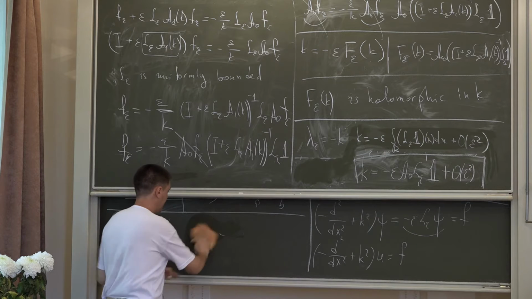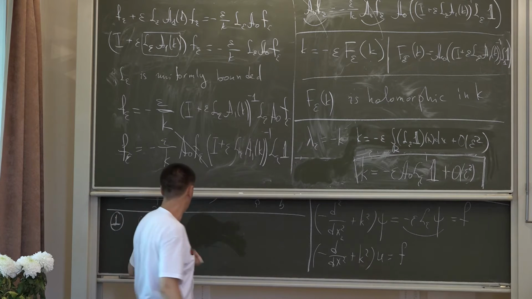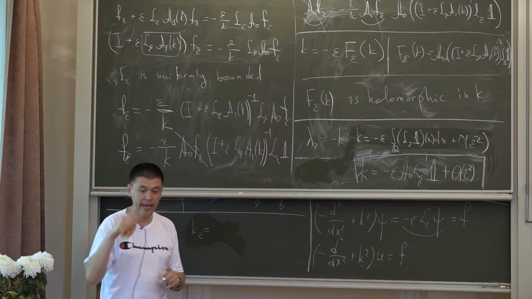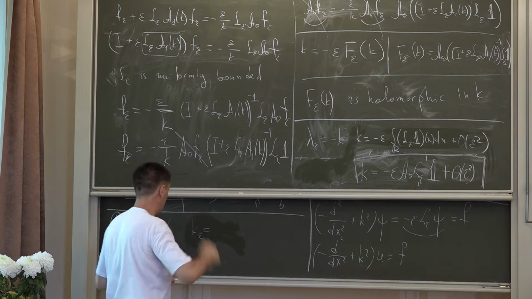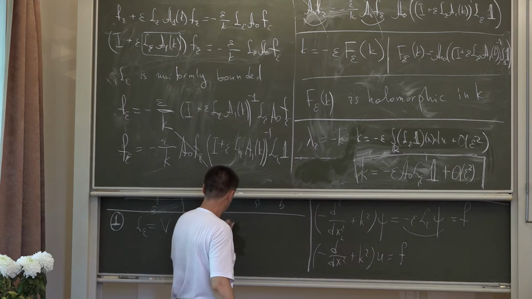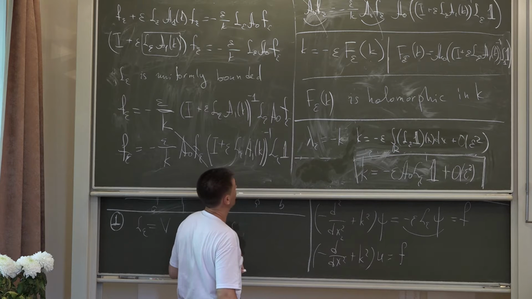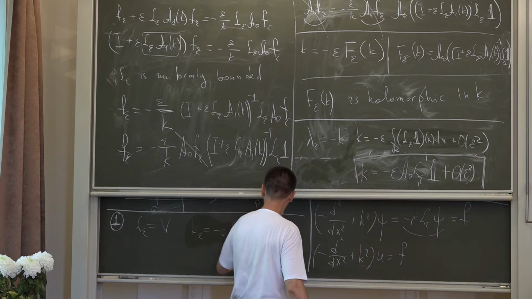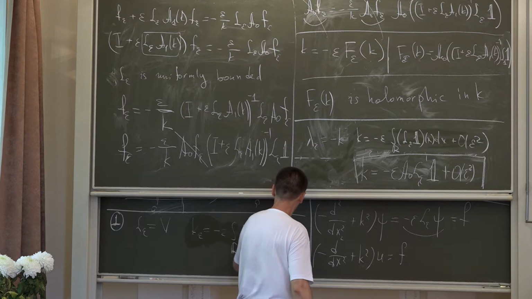So if L epsilon is a potential, then there is one eigenvalue, there is one K which solves this equation, and K epsilon, so I get here minus, it seems that this is wrong. Okay, but doesn't matter. Then we shall get something like this.